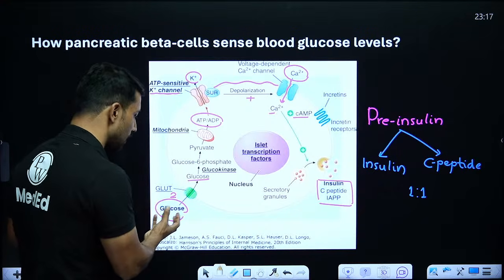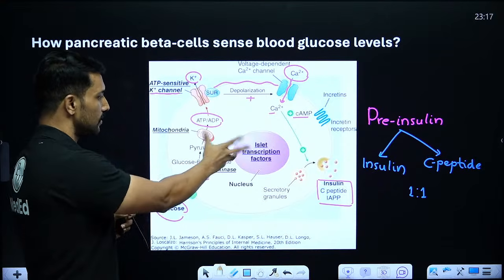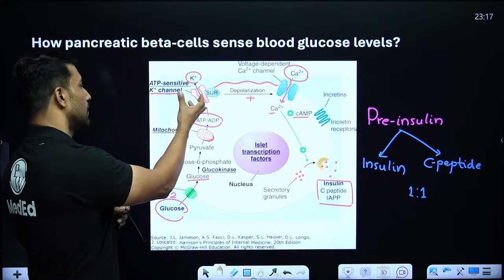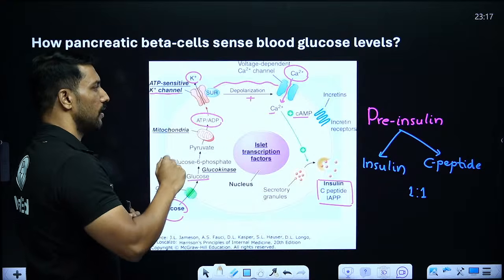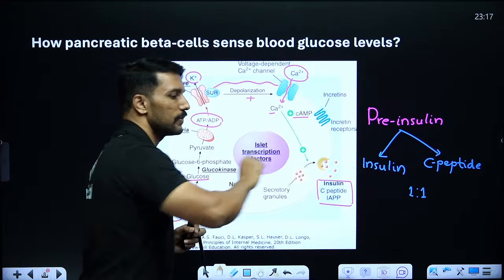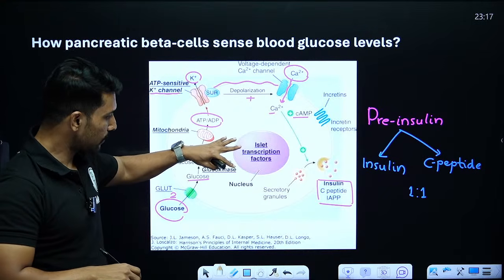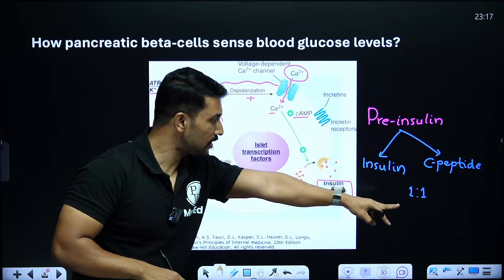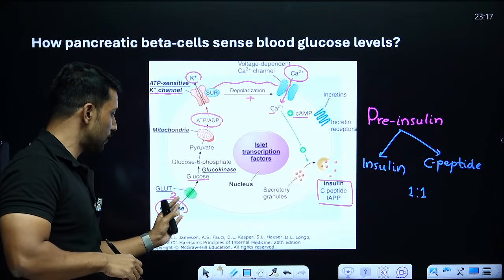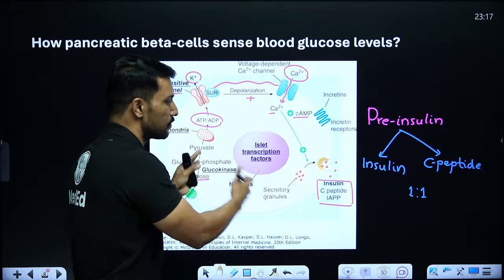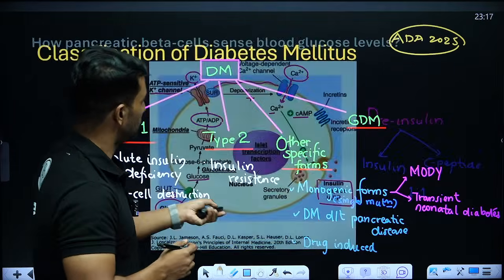So even when a large amount of glucose enters the cell, it will not be able to cause depolarization of the membrane, calcium influx, and release of the insulin. So here, beta cell number is fine. Insulin, if released, is able to work, but somehow sensing and release, this process is getting disturbed.